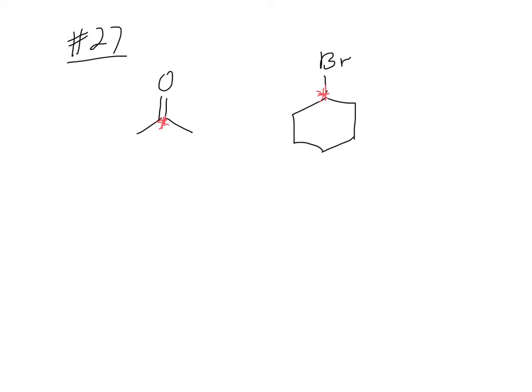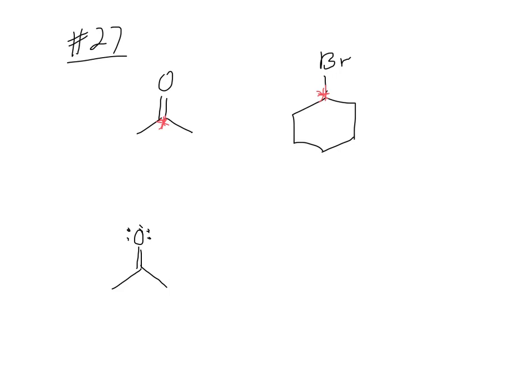So if we switched it around and said nucleophilic atom, let me just switch it around. If I drew the same ketone and I said, where is it nucleophilic? Where is that ketone electron dense?